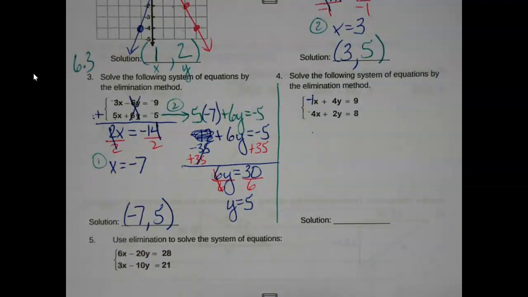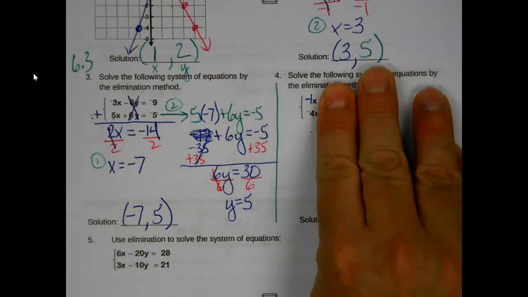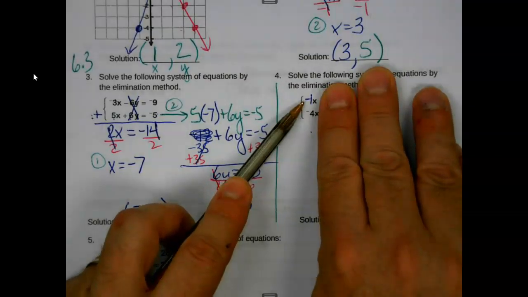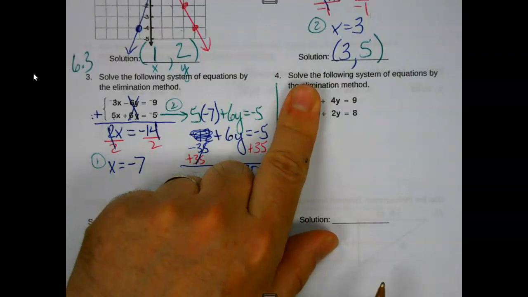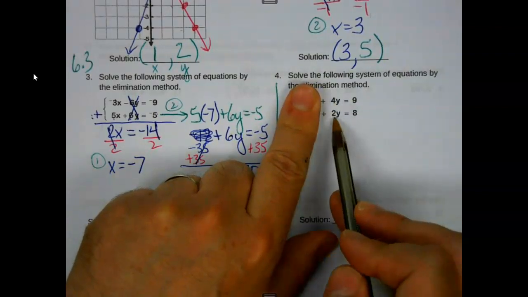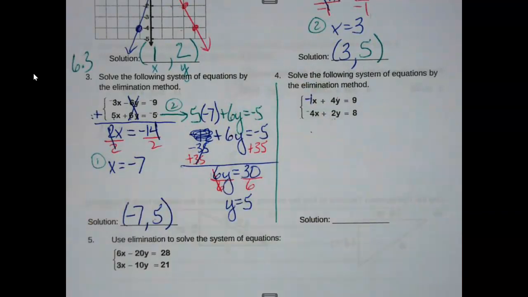But you're right. If I went back and I looked at the x's and said, hey, I want one to be +4 and one to be -4, I could multiply this top one by -4. That would work. Or some of you may look at y and say, well, wait a minute. Could I multiply this by -2? Because that'd be -4 and I could get rid of y. Either of those would work.